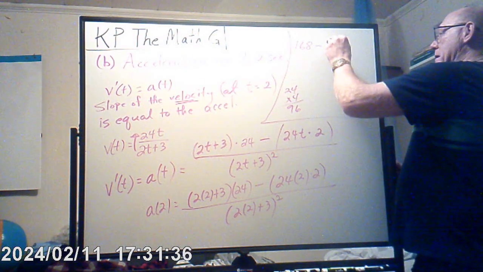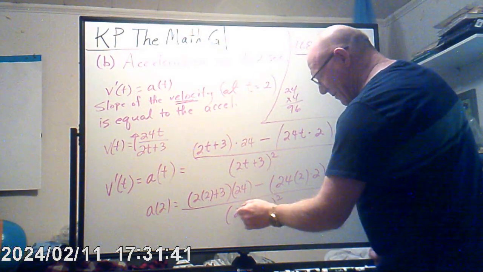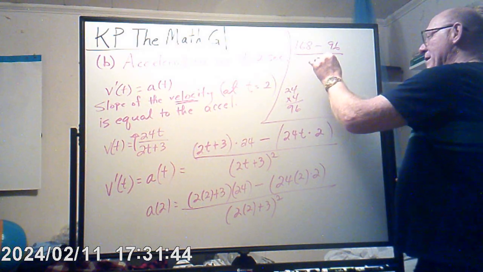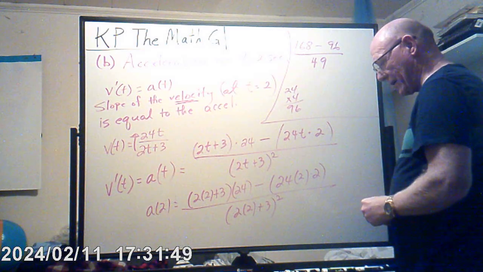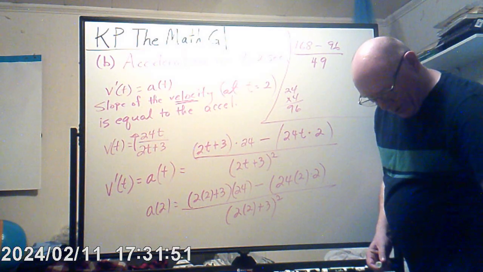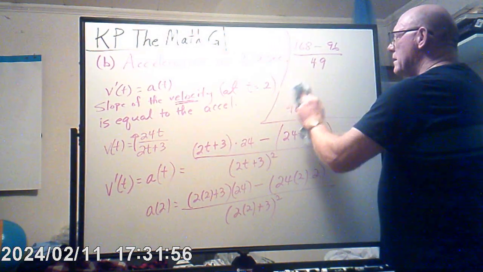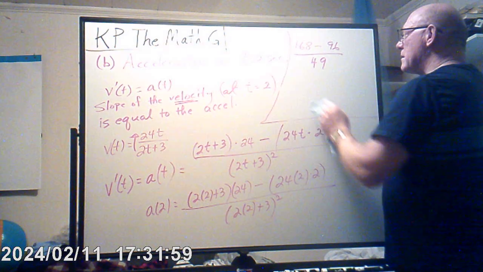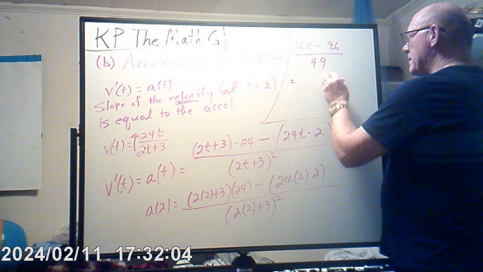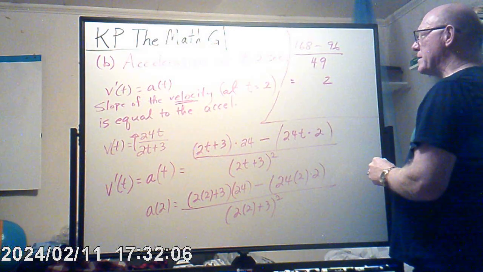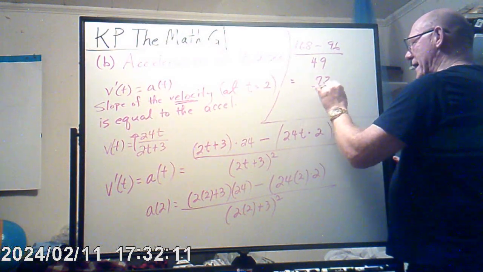So minus 96, divided by 7 squared, which is 49. Let's figure this out. 168 minus 96 is 72, over 49.